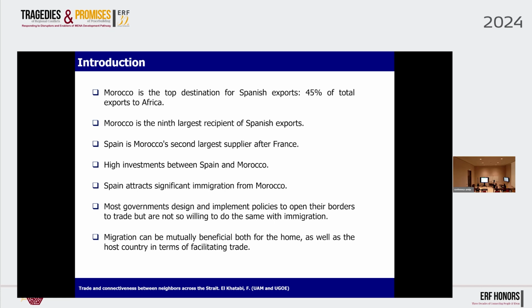Most governments design and implement different policies to open their borders to trade, but they are not so willing to do the same with migration. As we saw yesterday in one of the sessions, migration can be mutually beneficial for both the home and the host country in terms of facilitating trade, remittances, and so on.